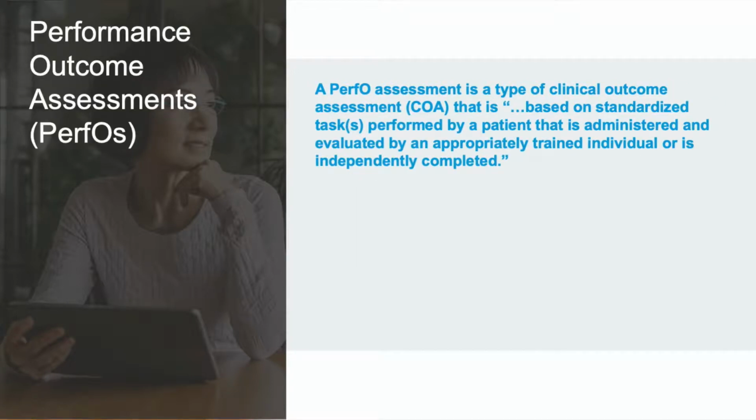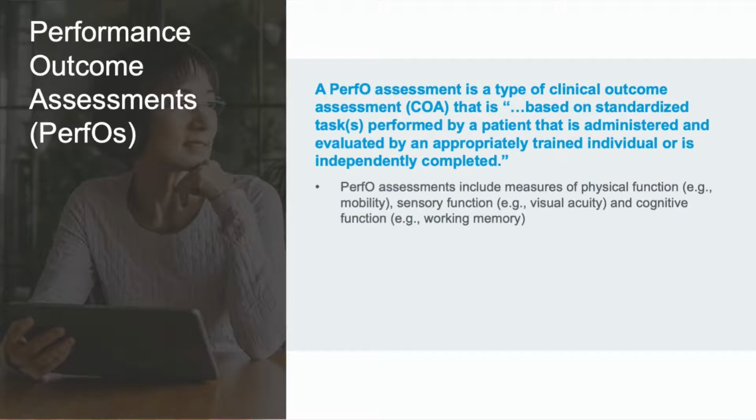And these PerfO assessments broadly include measures of things like physical function, so for example, mobility, or a walking test. They could also include things like sensory function, like visual acuity, and of course, as we said, cognitive function, where we may assess tests of things like working memory, episodic memory, and attention.